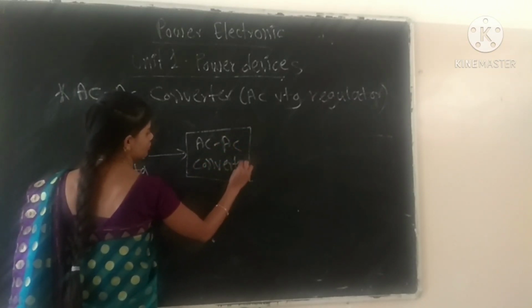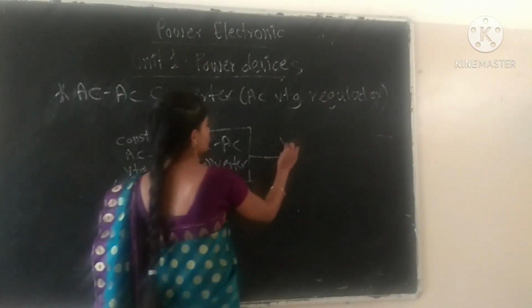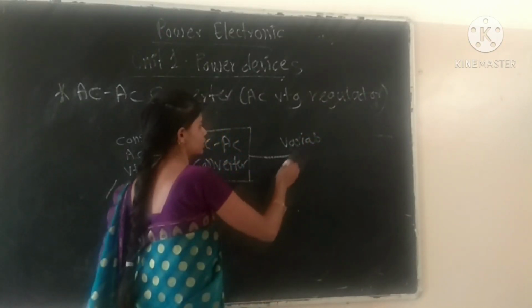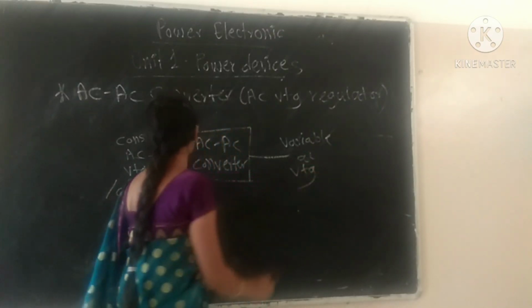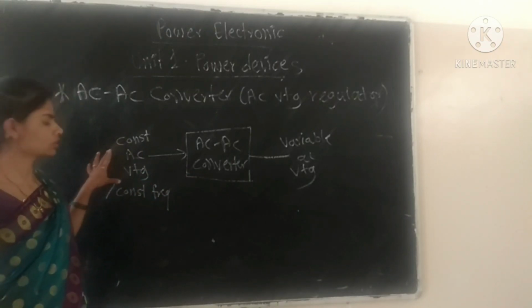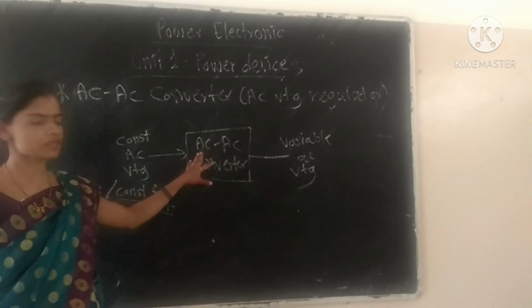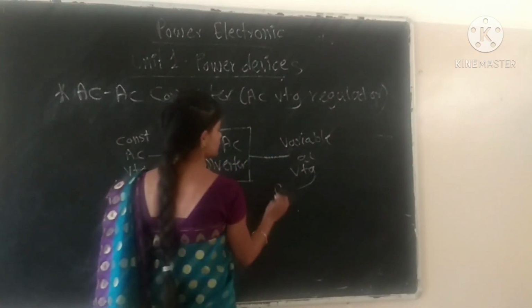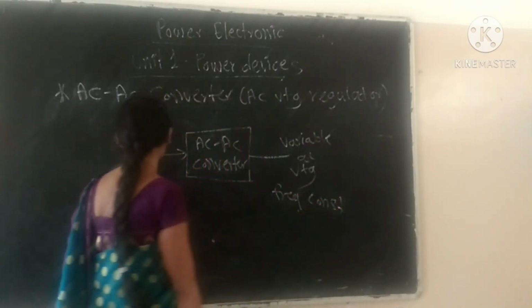The output is a variable AC voltage. Means the input of the AC to AC converter is constant AC voltage, and the frequency is also constant, and the output is variable AC voltage, but the frequency remains the same. Frequency is constant.